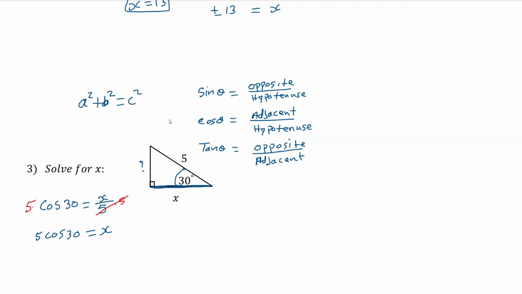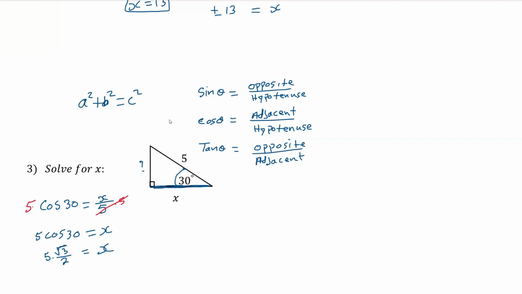Or, if you don't want to use the calculator, we know that cosine 30 is square root of 3 over 2. So you could put this in the calculator, or you could just put 5 times cosine 30. I think it's better if you put 5 times cosine 30. So let me try that.